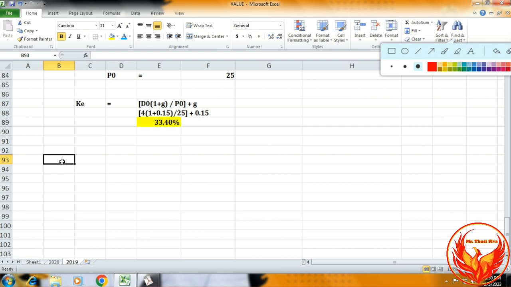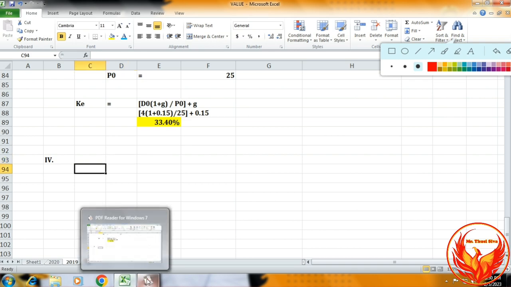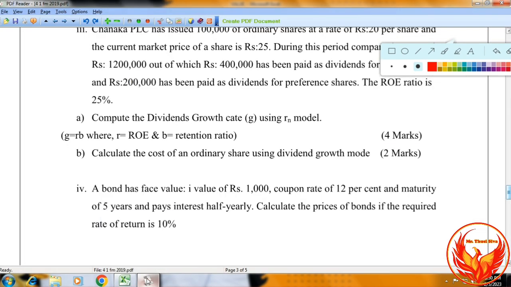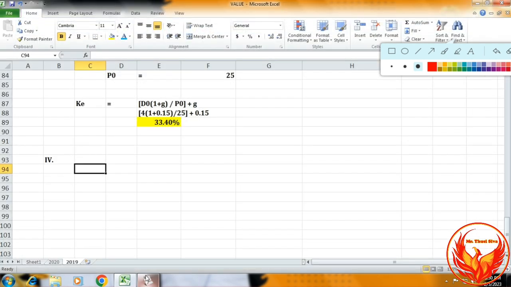So for the fourth part, we have to calculate the bond value, and the coupon payment is semi-annual.